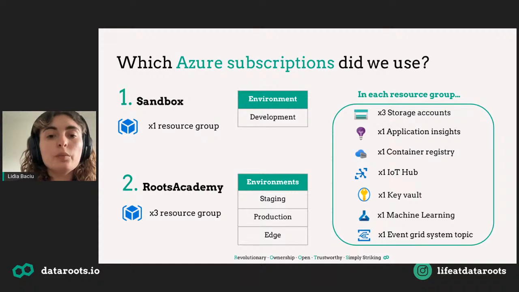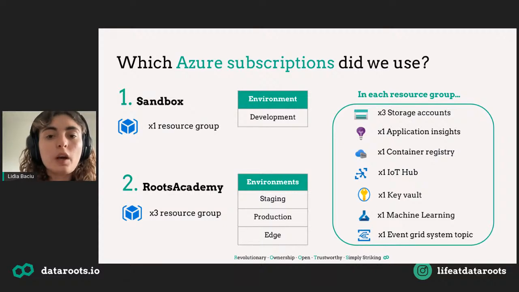But for the staging and production, and also for the development, we have multiple storage accounts. As I stated before, we have 3 use cases for the data. We have Application Insights, which helps us to understand and monitor the accuracy of the model. We have the container registry that Adrian mentioned before, which helps to register all the Docker containers.